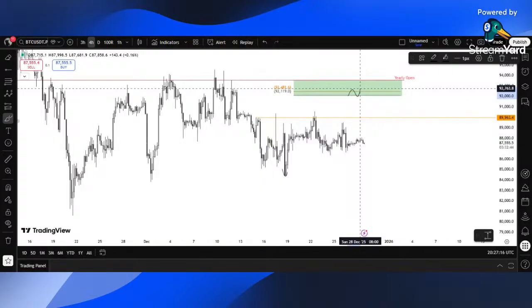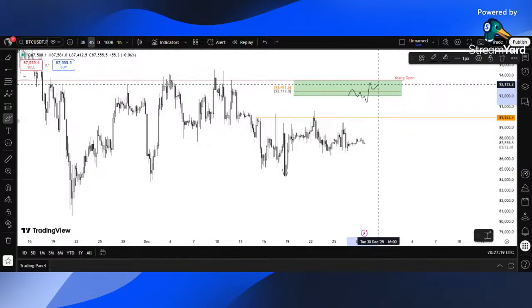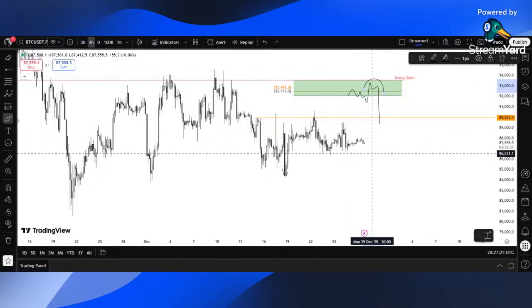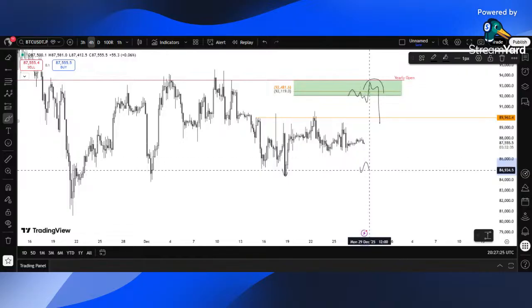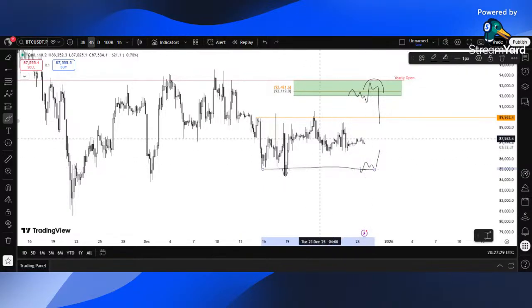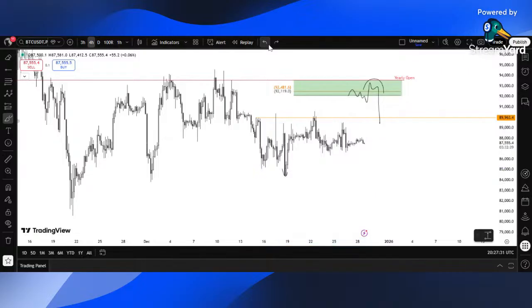This is basically my short trigger. I told you where my long trigger was, around here. This was my long trigger. Now, this is my basic plan for BTC.